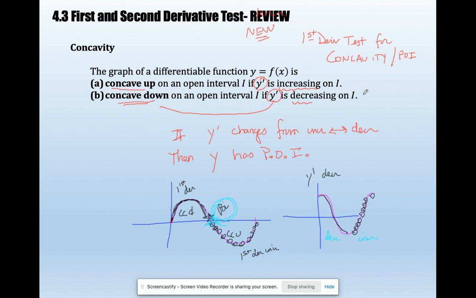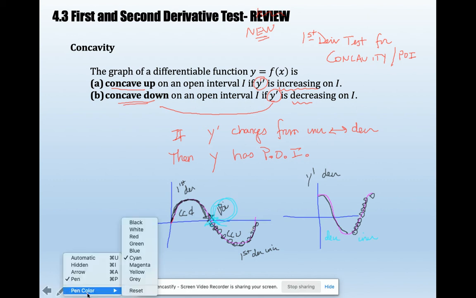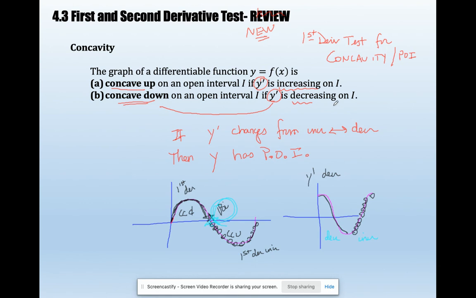The problem with the first derivative test for concavity is I can't take y prime and solve for increasing and decreasing. I can't do that. But what if you are given the graph of y prime?